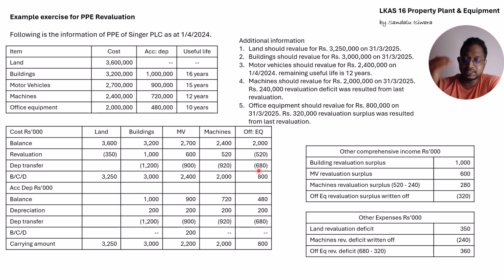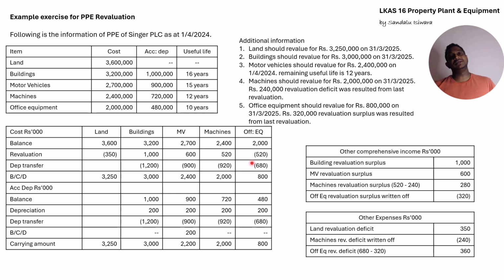So that 1,320,000 worth of office equipment you are revaluing for 800, and from that you are getting the revaluation loss or deficit of 520. If it is a first-time revaluation deficit, you have to record that total amount in other expenses. But in this case, this office equipment was revalued earlier and gained a revaluation surplus of 320.